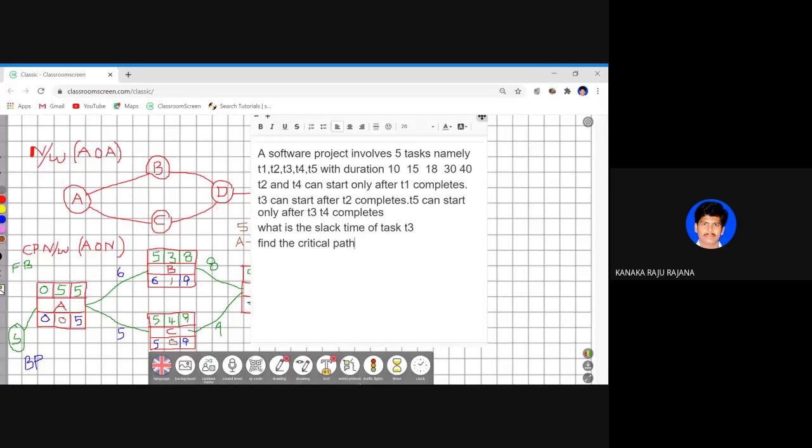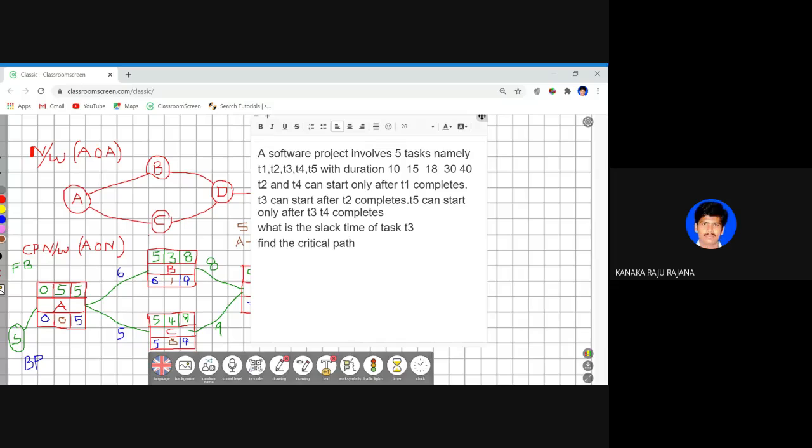Now, once again, I'm going to read out the question. A software project involves 5 tasks, namely T1, T2, T3, T4, T5, with durations 10, 15, 18, 30, 40. T2 and T4 can start only after T1 completes.